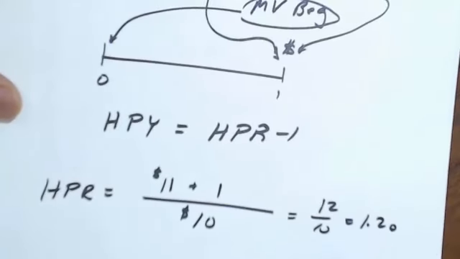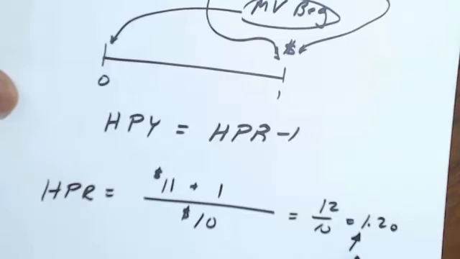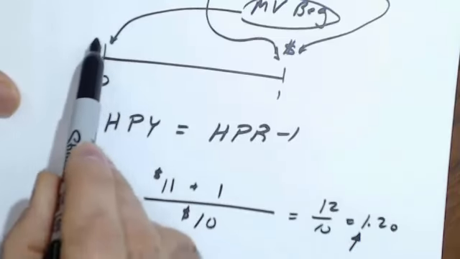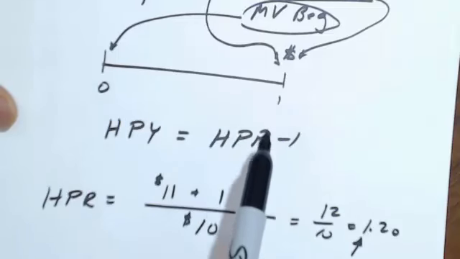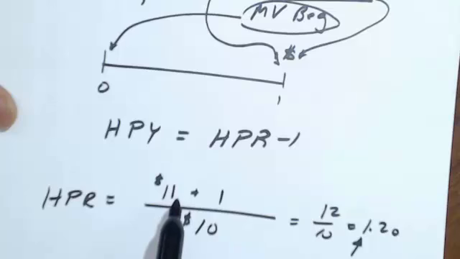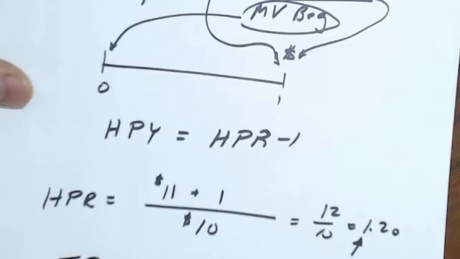And so this is sometimes called your gross return. The 1 stands for the return of your investment. You sunk $10 in here, you got your $10 back, plus you got a capital gain component of 10%. So you have a return of $1 in terms of capital gain out of 10, plus a $1 cash flow out of 10.